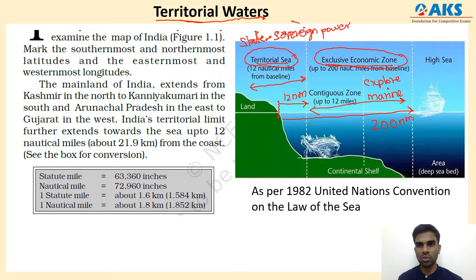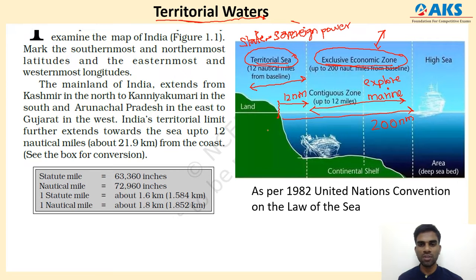Also in this zone, the country cannot restrict the movement of ships of other countries. So even though the country has the right to explore the energy resources, it doesn't have the right to restrict the movement of ships of other countries.